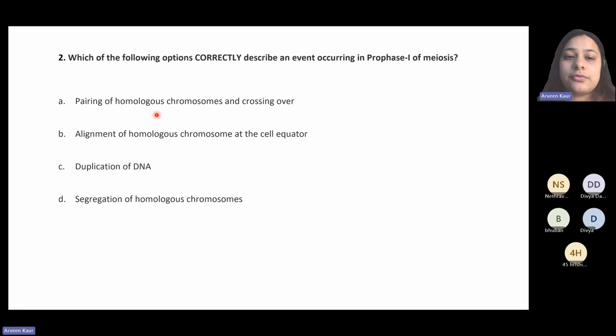Option A is pairing of homologous chromosomes and crossing over. B is alignment of homologous chromosomes at the cell equator. C is duplication of DNA, and D is segregation of homologous chromosomes. So which of these do you think correctly describes the events that occur in prophase 1 of meiosis?